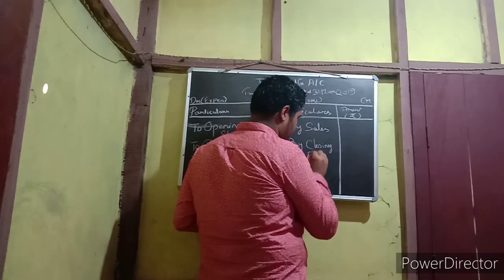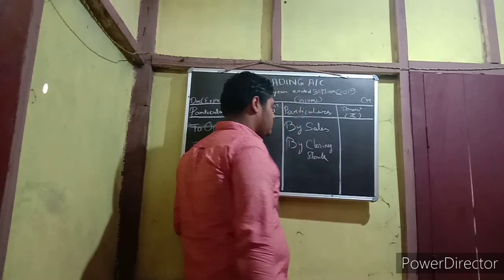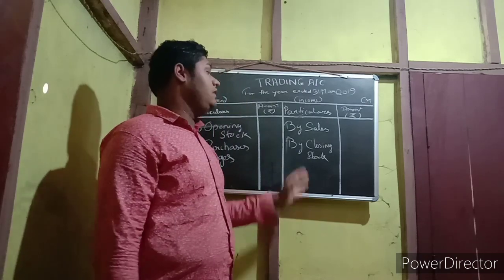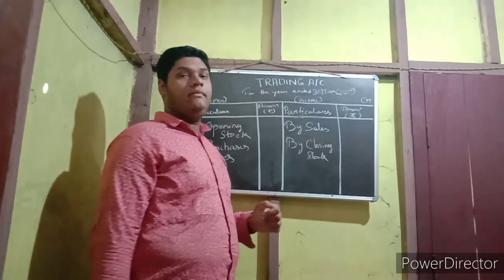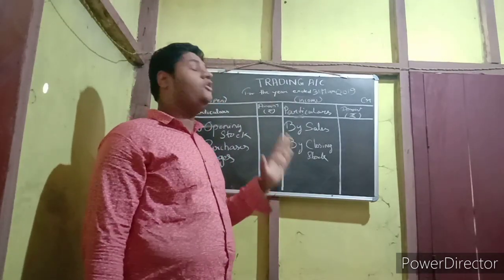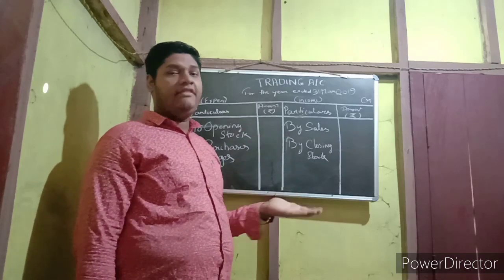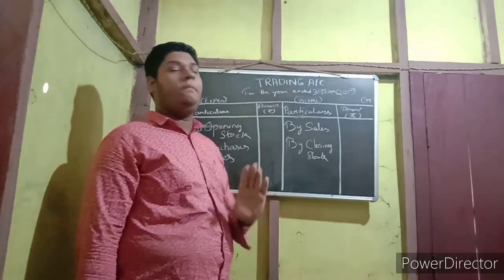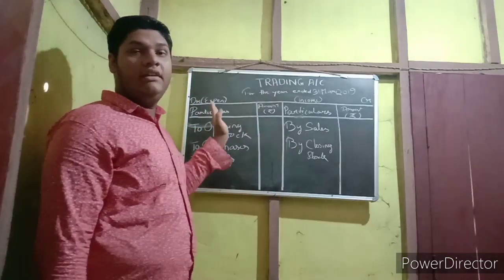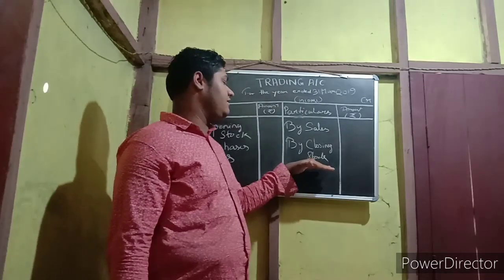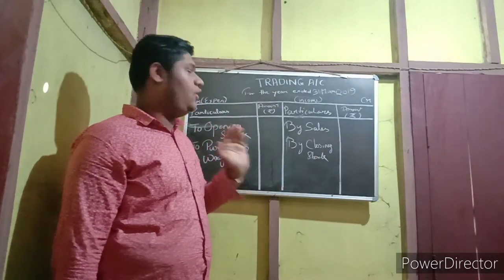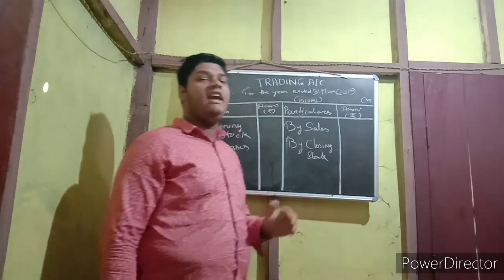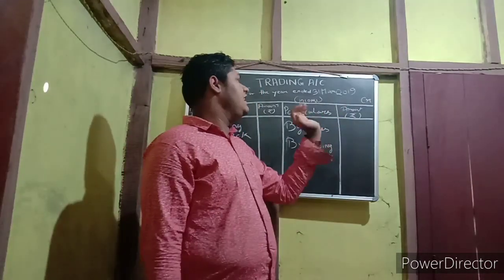The closing stock of this year will be your income, because next year you need not purchase it. Next year you will get it as the opening stock among your direct expenses, but this year the closing stock will be your income, because you purchased something and its balance means credit side income.